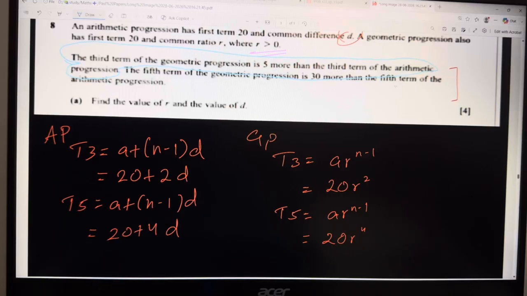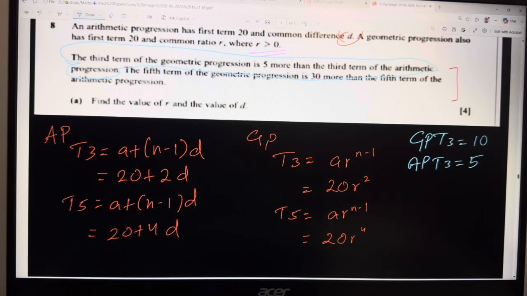Let's give the third terms a number. For example, think of the GP third term being maybe 10, and the AP third term being what? The geometric progression is 5 more, so this one will be 5.